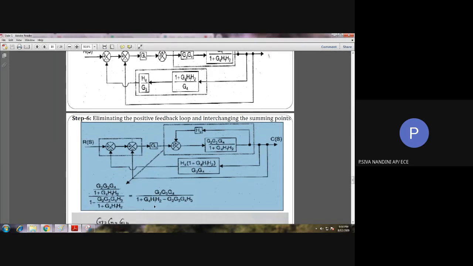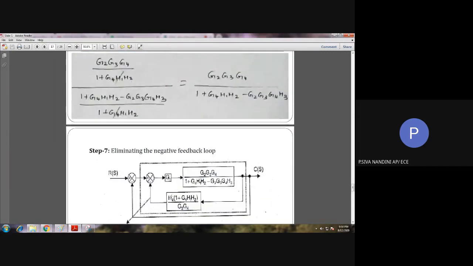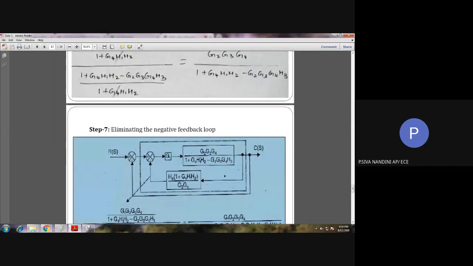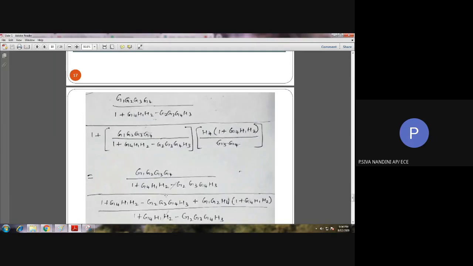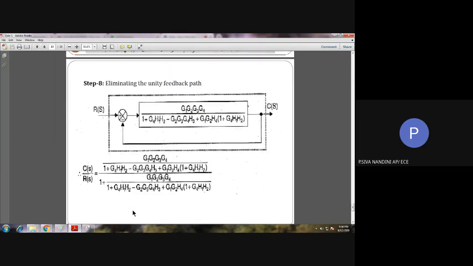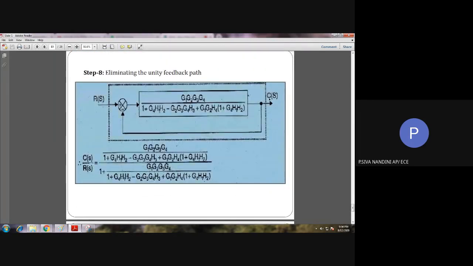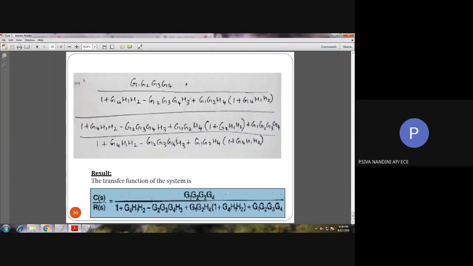Okay, then we have a negative feedback loop, which is solved by combining G1 and this block. Then after solving this negative feedback loop, at last we have a unity feedback loop. Finally that unity feedback loop is also solved, and thus we have obtained the transfer function.